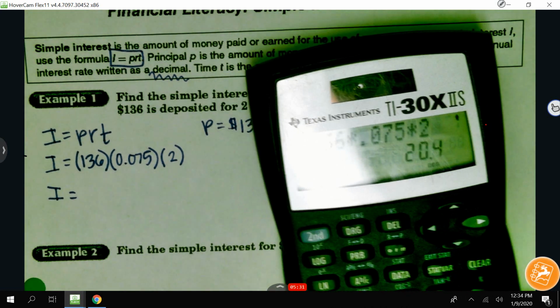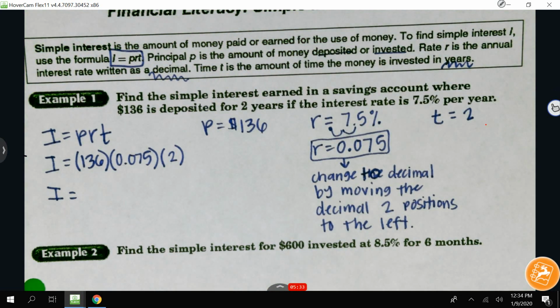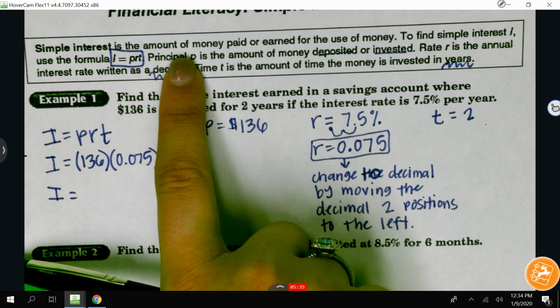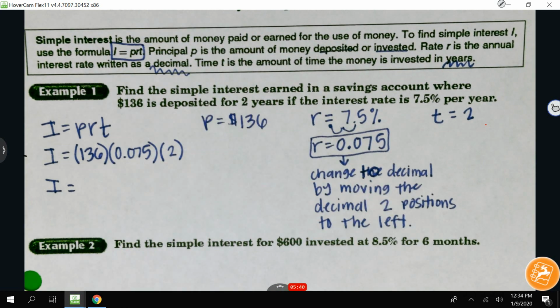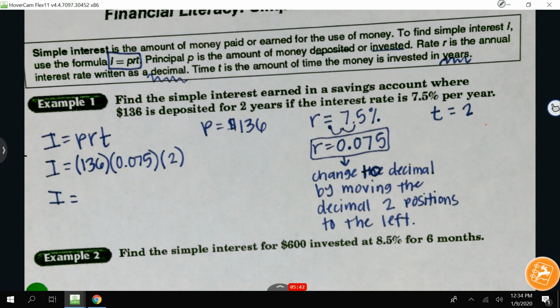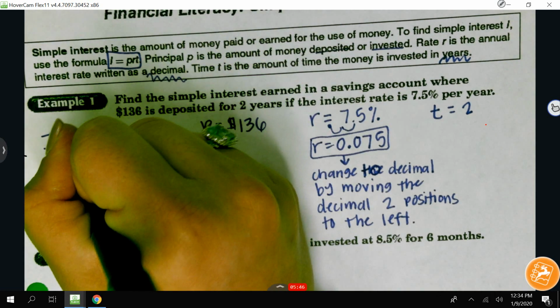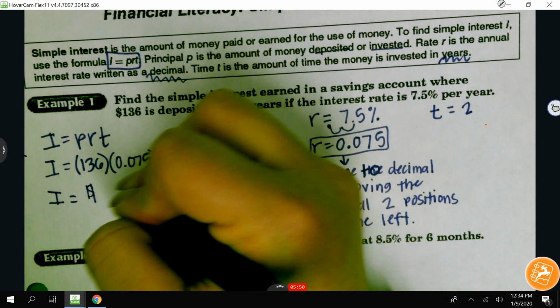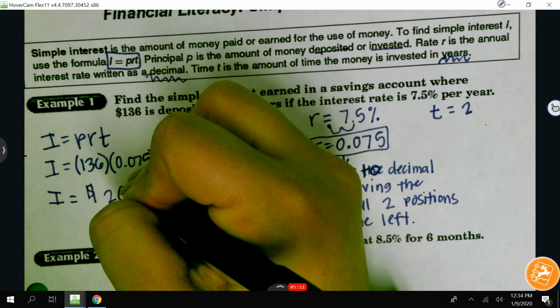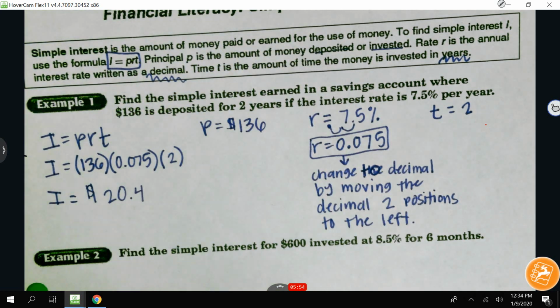And what exactly is simple interest? What does it say it is up here? Amount of money. So it should be written as money. So you should have your dollar sign, and it should be rounded to how many decimal places? 2, right? So if my calculator gives me 20.4, what should it be written like as money?